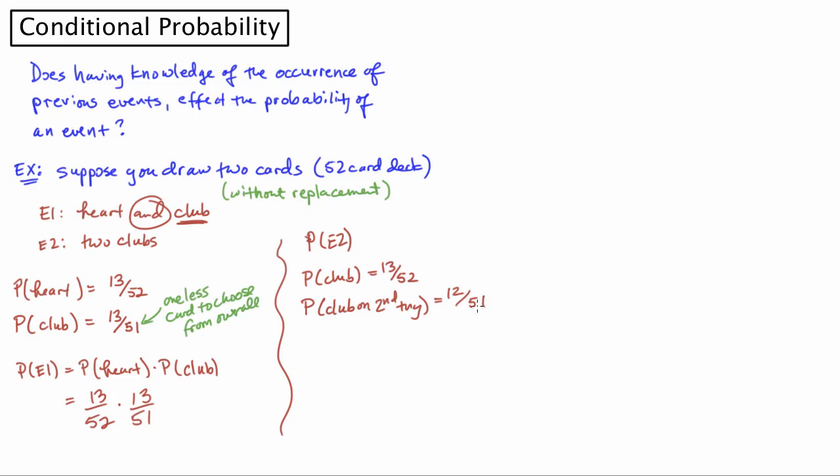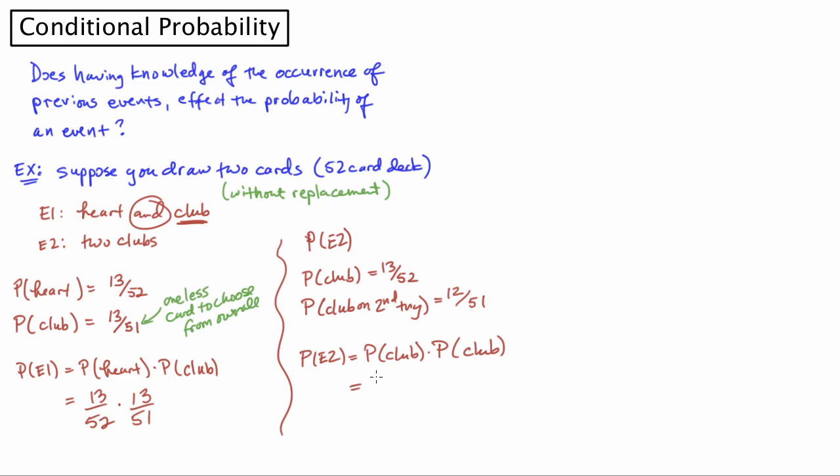And that lessens 1 card total, so it's 12 out of 51. In this case, the probability of this event would be the probability of a club times the probability of another club.